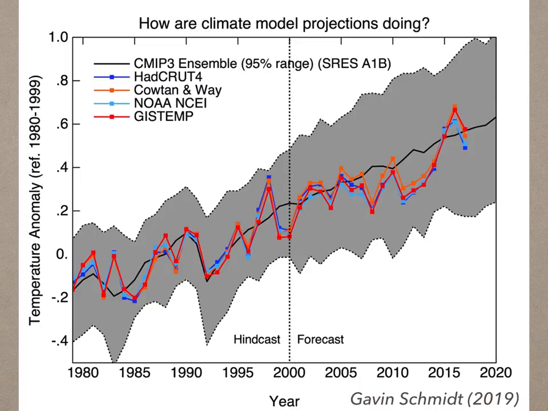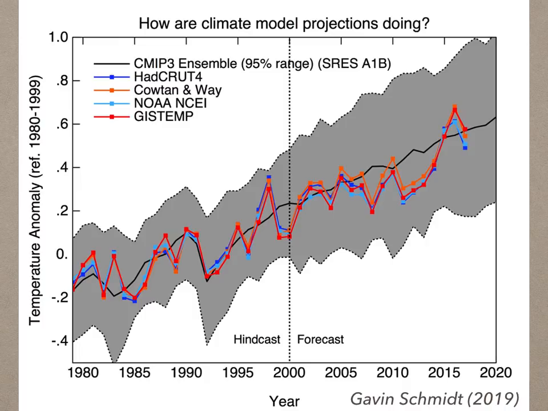The black line is the average of all the climate models that were used in the IPCC studies. The various colored lines are different independent measures, observations of Earth's surface temperature. You can first of all see that the observations all agree well with one another, but you can also see that the model agrees well with the observations.